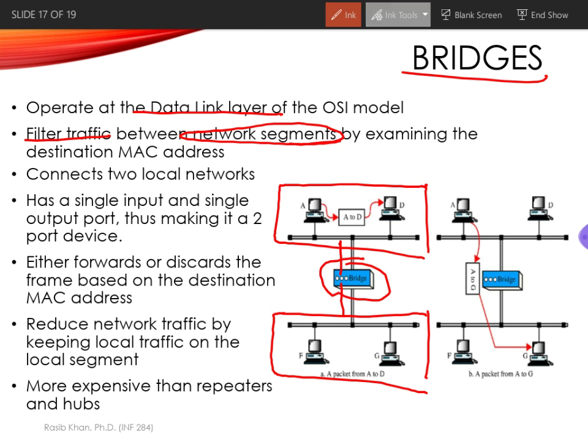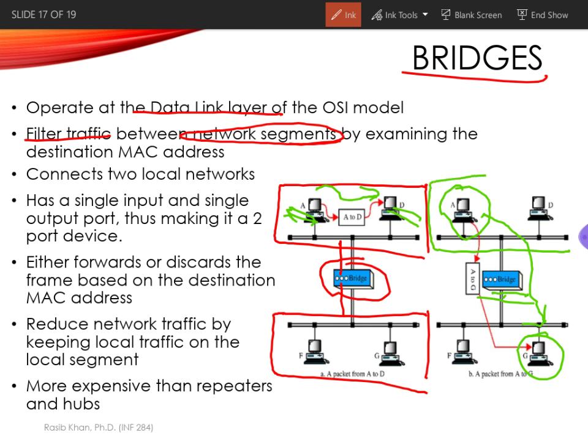So therefore, if A is trying to send some data to D, it can send it directly. However, if A is trying to send something to G over here, it can use the bridge to send it to G. However, do note that the network segment of A and D and the network segment of F and G are two separate subnetworks.